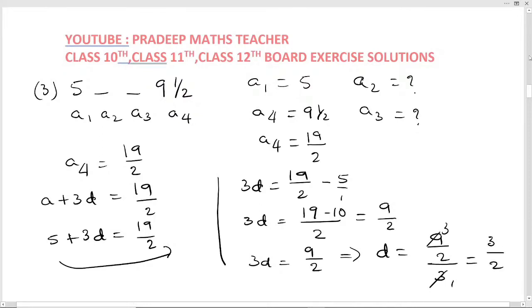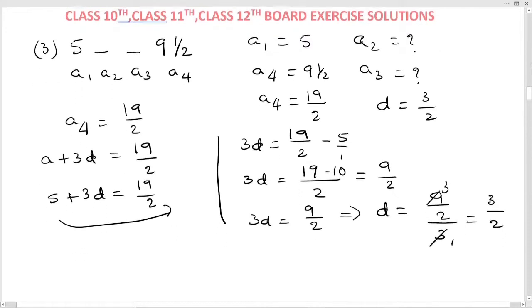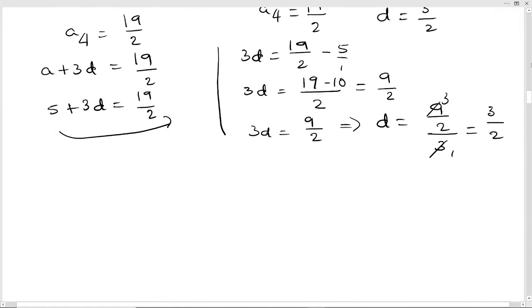So this is the common difference value, d is nothing but the common difference. So we got d as 3 by 2. Now we can find the second term as well as the third term. Now how? Because you know, people, that you need to find the second term, right?